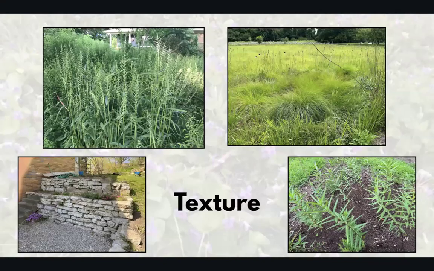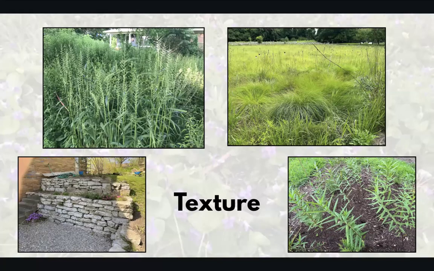So a next element, and one that I think a lot of people miss out on, or really don't give enough weight to when thinking about plant choices, is the texture and how certain things are going to play with your eye.